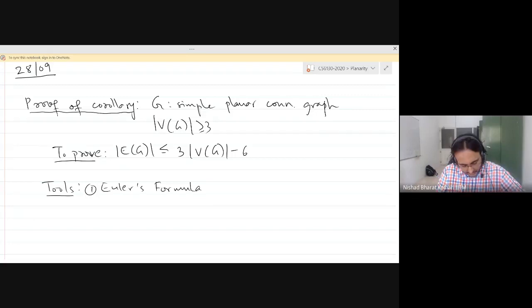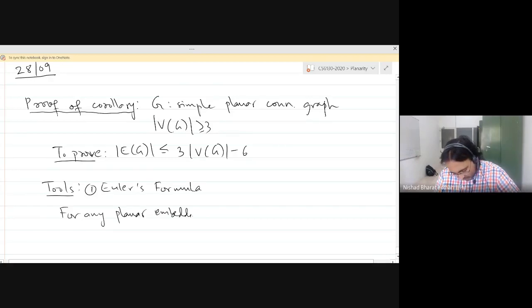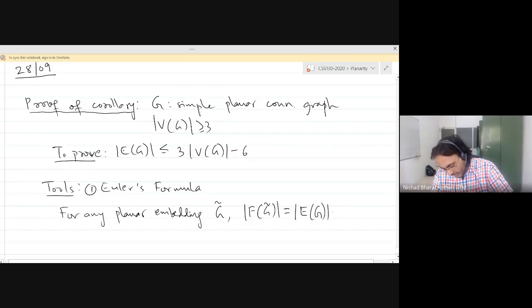But what Euler's formula says is that for any planar embedding G tilde, the number of faces is exactly equal to the number of edges minus the number of vertices plus 2.